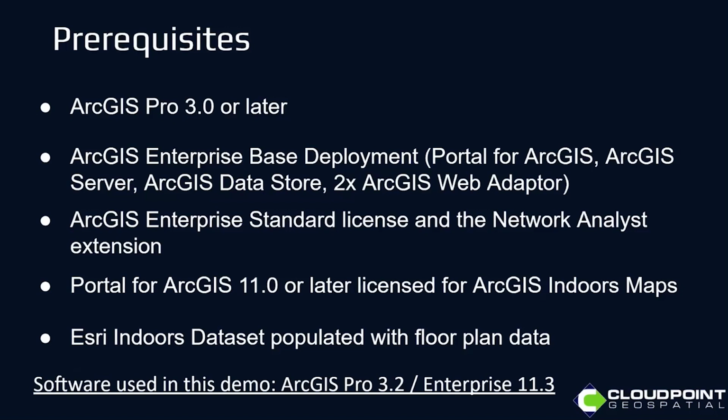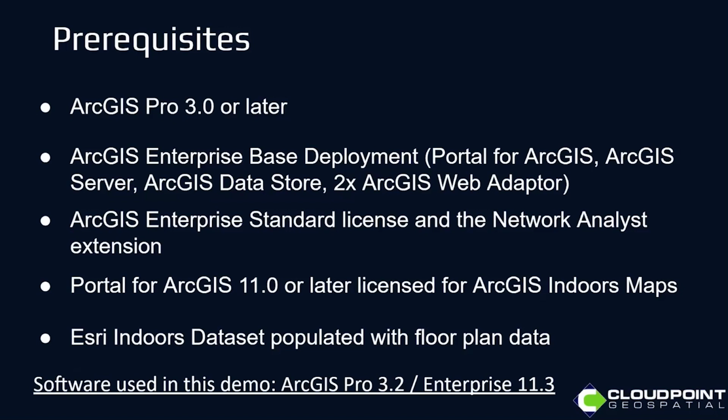So this webinar assumes that you've already gone through the process of converting CAD data to GIS format and loaded it into the Indoors data model provided by Esri. The rest of this webinar will then show you how to do the route networks. We have a lot of other webinars and content out there showing you how to get that CAD data into the Esri Indoors model.